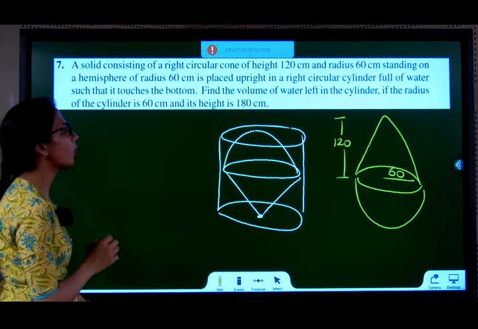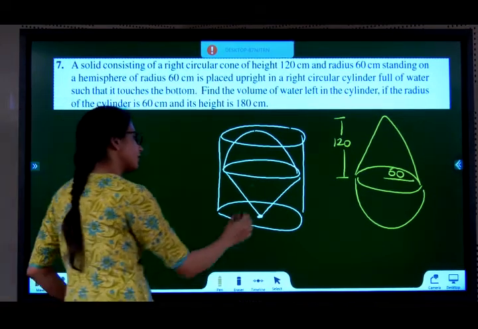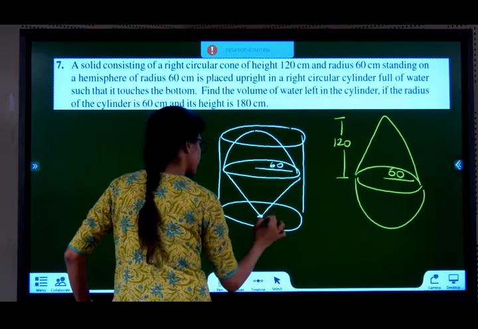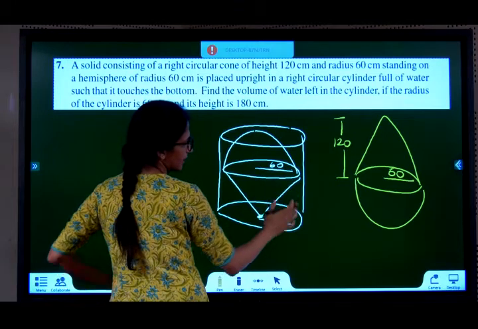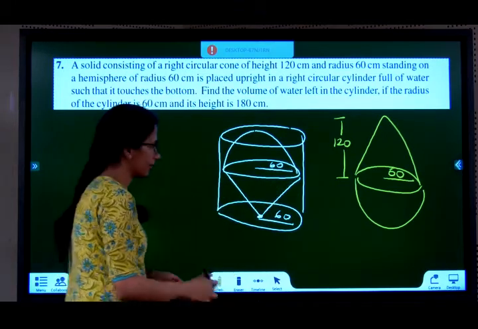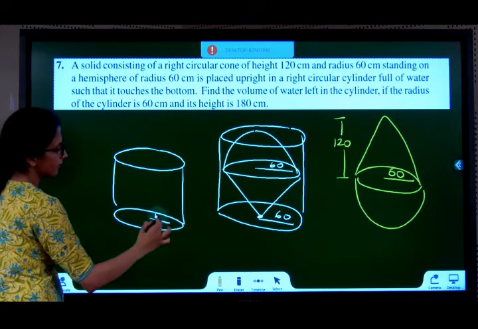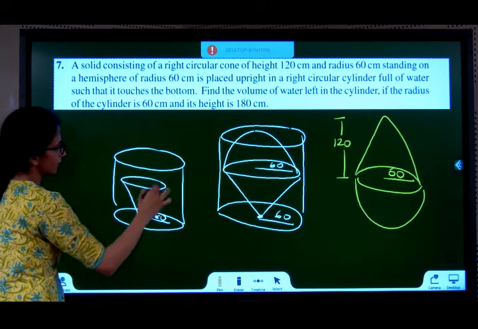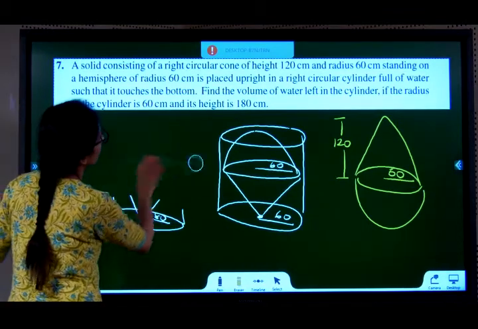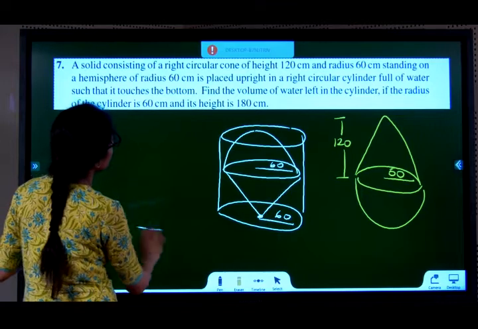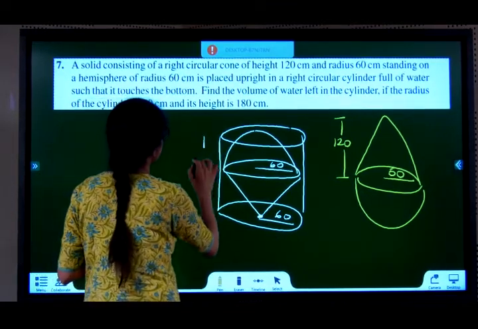Find the volume of the water left in the cylinder if the radius of the cylinder is 60. This radius is also 60, so it's exactly fitting in. If that were not given, let's say the radius of the cylinder was 80, then your figure would look like this. There is space here. Understanding? Okay. And the height of this whole thing is 180.